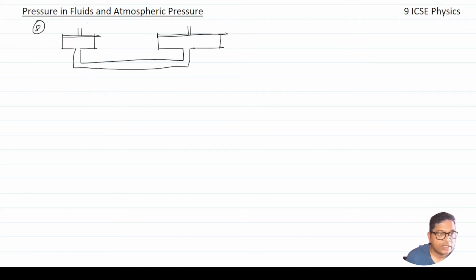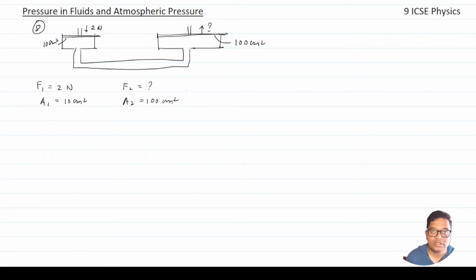This piston is acted on by a force of 2 Newton, and it has an area of 10 centimeters square. This has an area of 100 centimeters square. How much force will it experience? We have F1 equal to 2 Newton, A1 equal to 10 centimeters squared, F2 equal to question mark, and A2 as 100 centimeters squared.